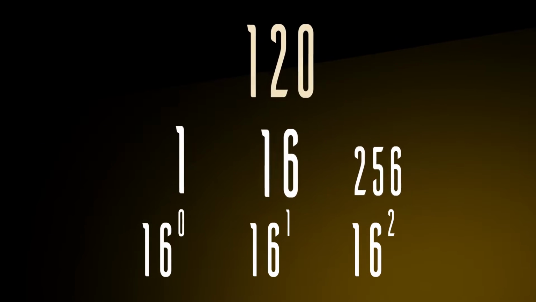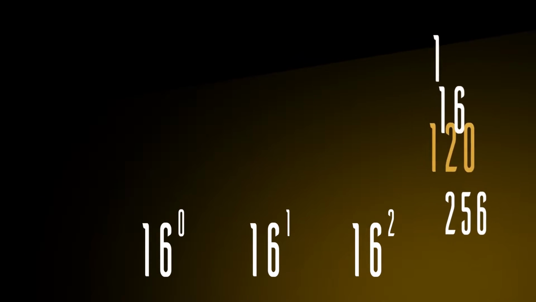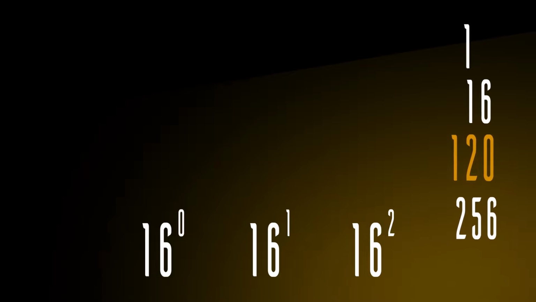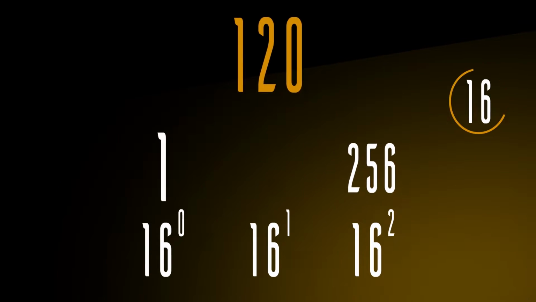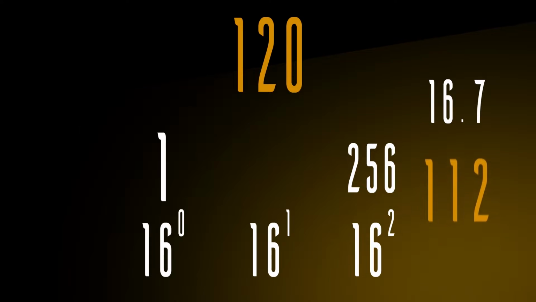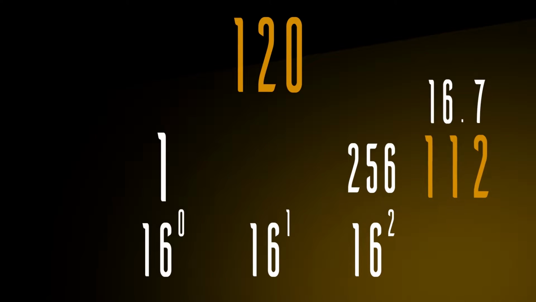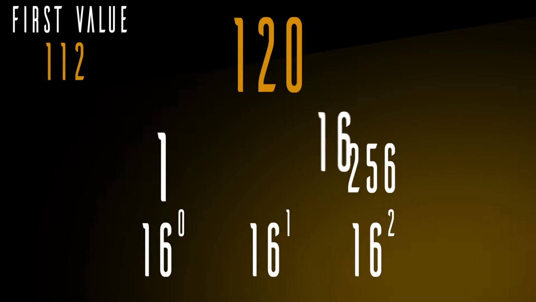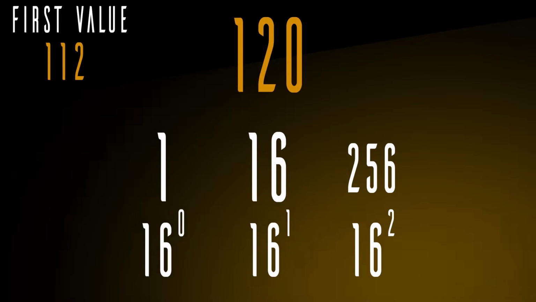Then, let's work with the largest number that is still smaller than the target number, in this case 16. Now we're going to multiply 16 by the highest number that fits our target number. In our case, 7 times 16 is equal to 112. This means that we know the first hexadecimal value. Subtract this multiplication from our target number.